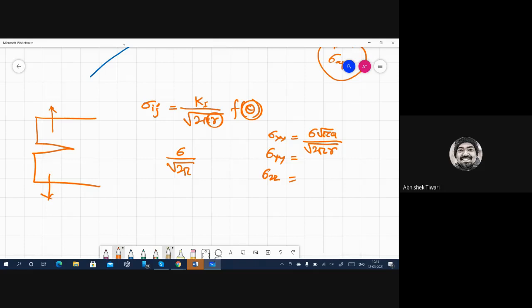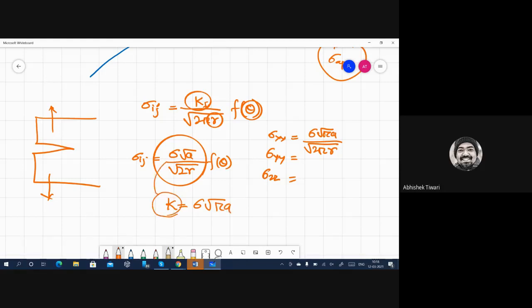So I'm doing a back calculation, but actually when you calculated stresses, you didn't have this symbol K. When you calculate stress, it all became a function of sigma root a divided by root 2r and f of theta. And because this term was constant in whatever stress function you take, they described another parameter K, which is sigma root pi a. And then when you put this in this equation, you get this form.